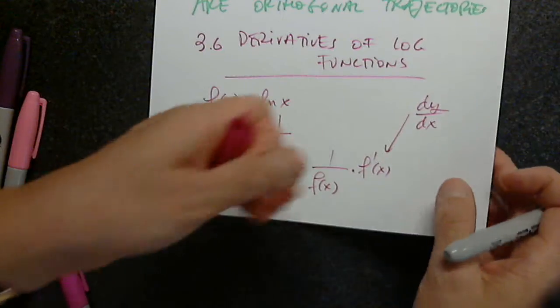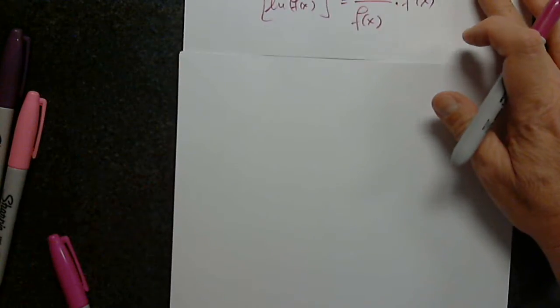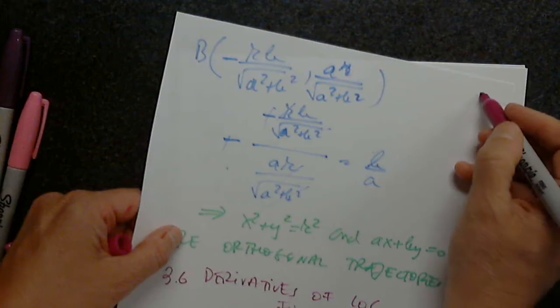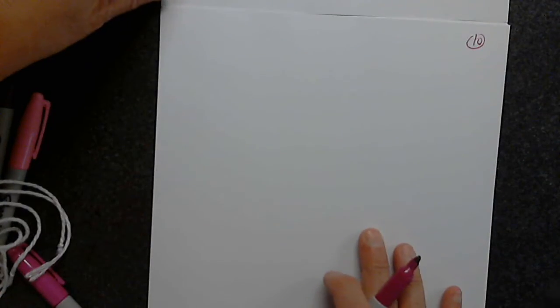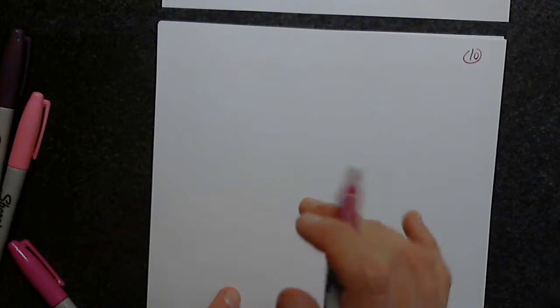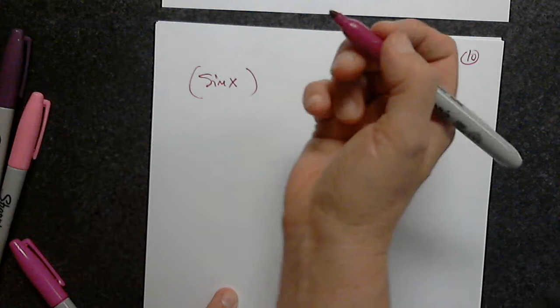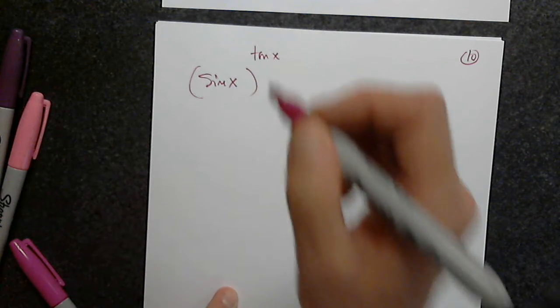Okay. The most important idea here in this section is, which page am I on? 7, 8, 9. The most important situation here is this. Let's suppose I want to differentiate sine x raised to tangent x.